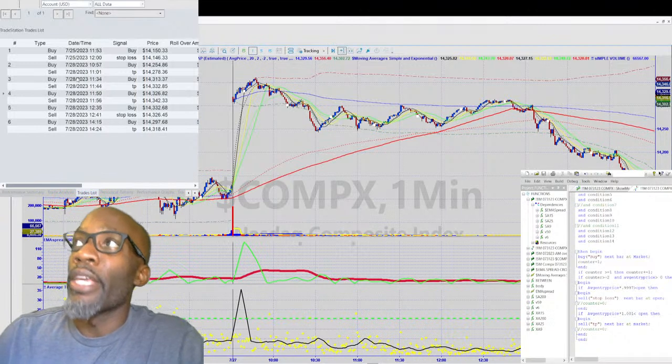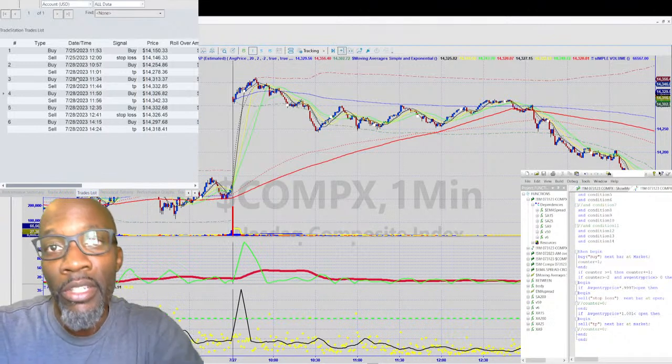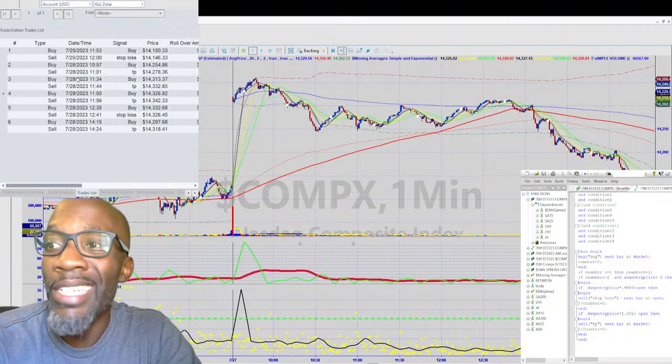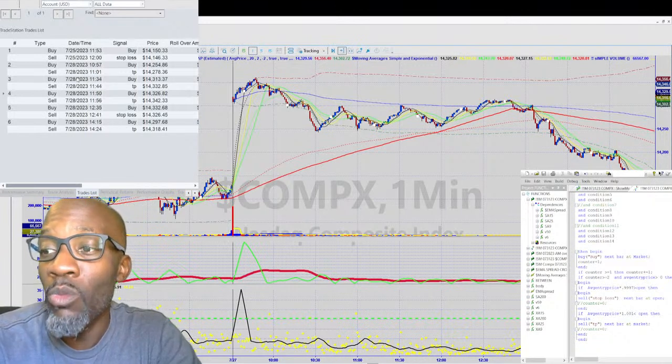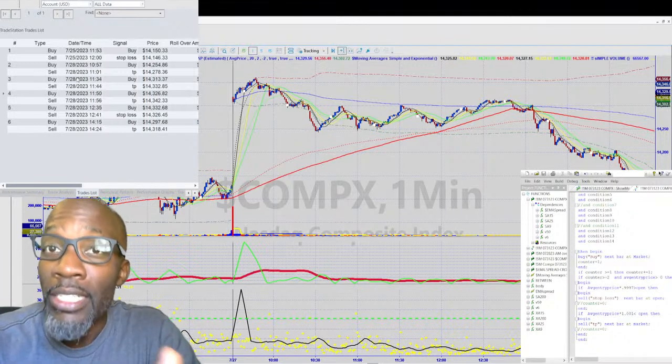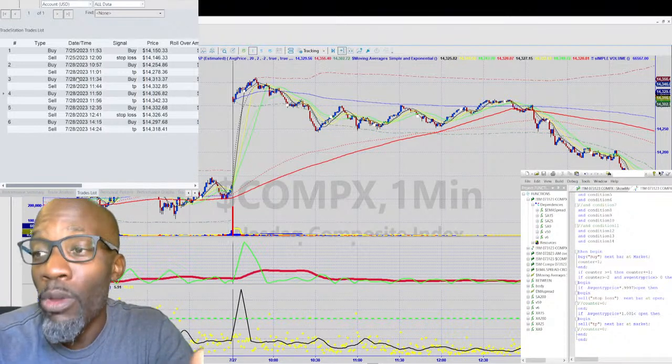So again, I try to make these studies pretty specific to the day, just because whatever's going on that day causes that stock to move for that day.